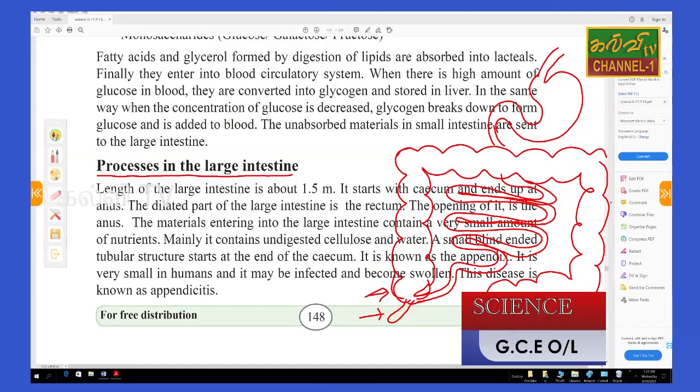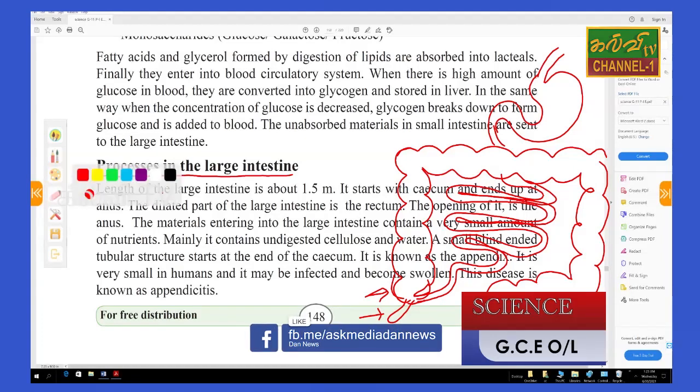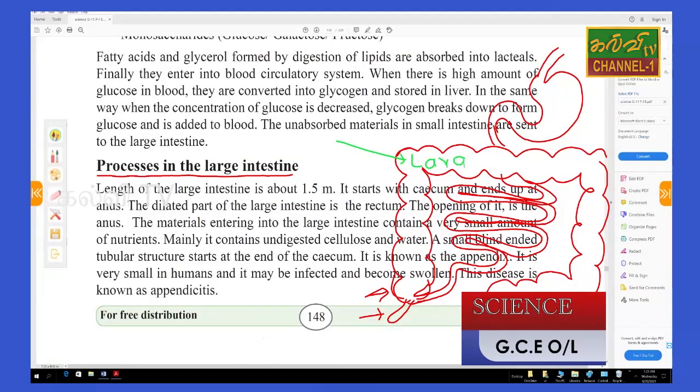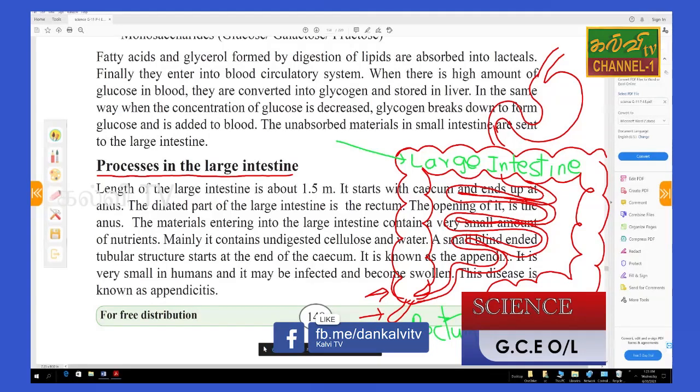So our target is the large intestine. This is the large intestine. This is called the rectum, and the whole opening can be called the anus.